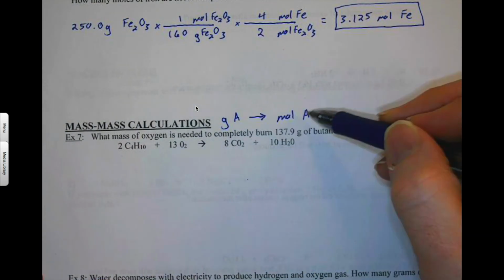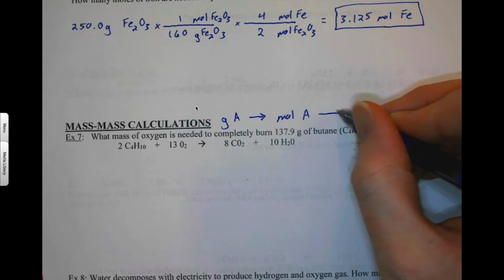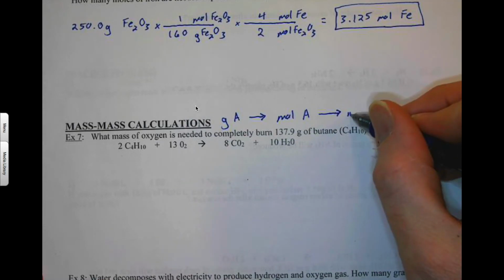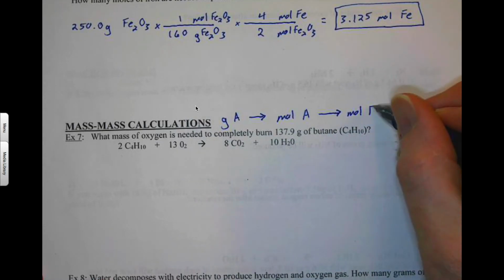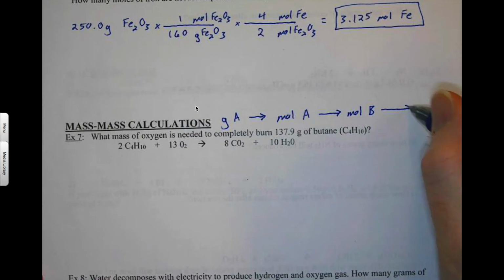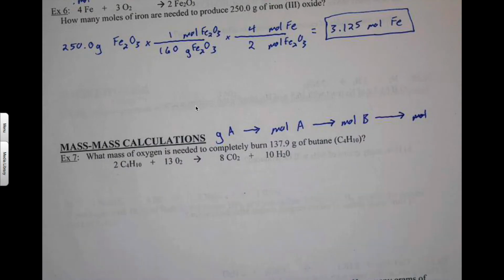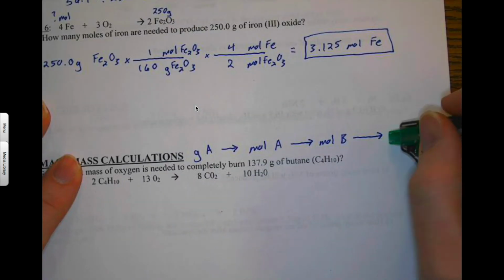We're not changing the substance yet. And then you're going to change into a new substance using that mole ratio. And then you're going to change from that moles of the new substance to grams of the new substance.